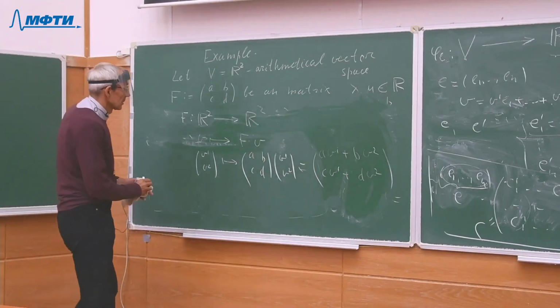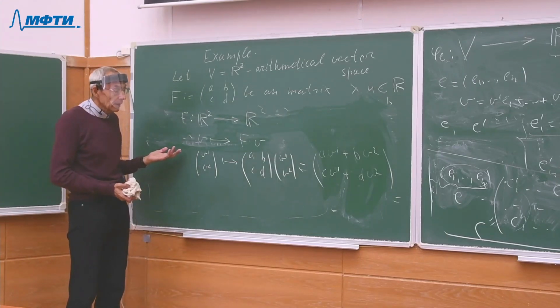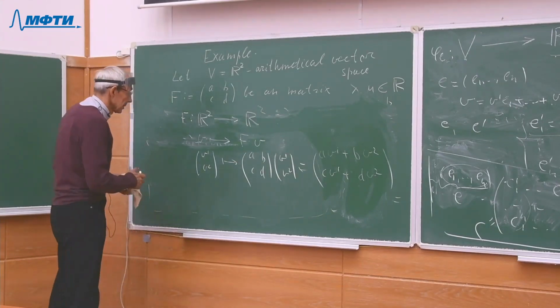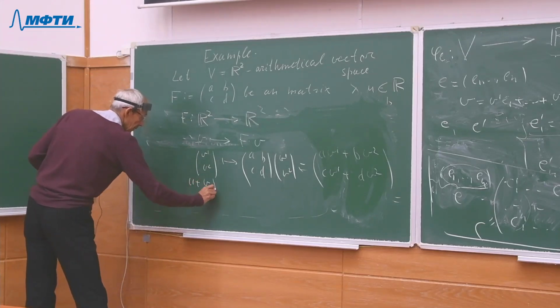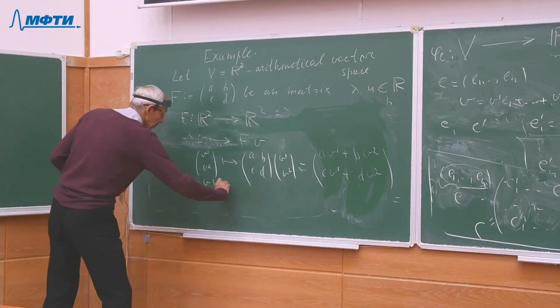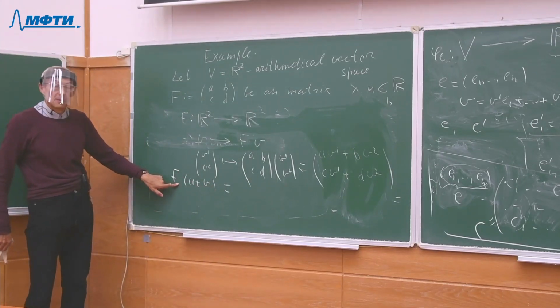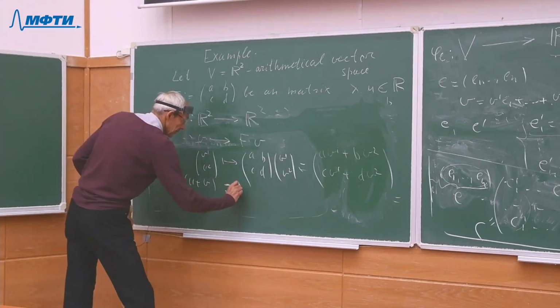It is easy to see that matrix multiplication has the property of distributivity: if we have two vectors u plus v and we multiply from the left side by the matrix F, we obtain, using distributivity, the sum.